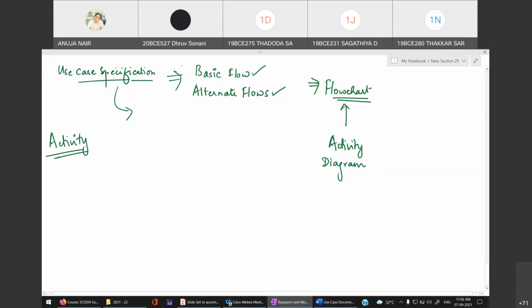As many use case specifications as you have written, you can make that many activity diagrams. If you feel that two activity diagrams are connected to each other, then you can connect them as well. So that is the concept, how you make it.